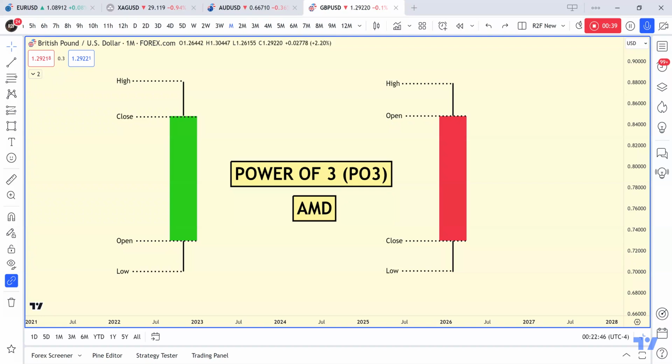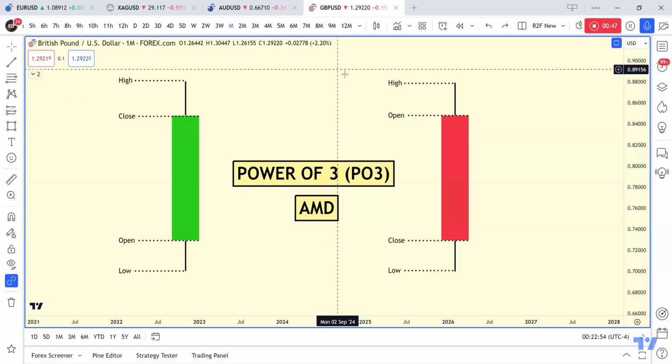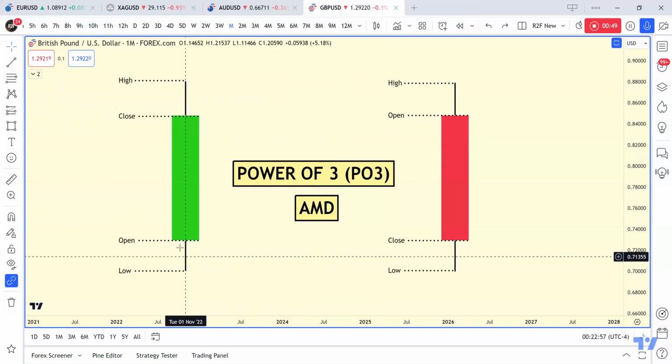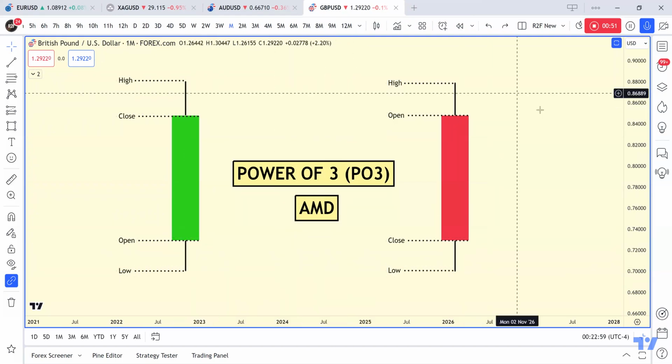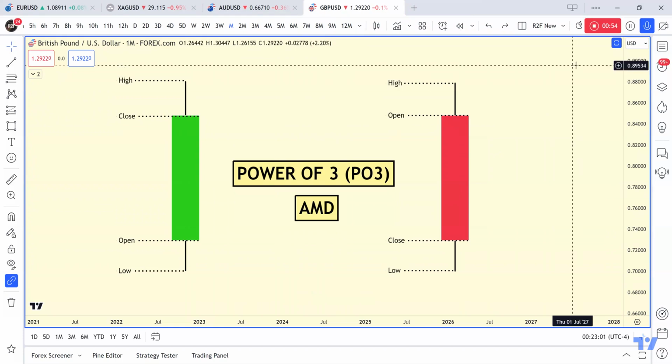But you can also see it on singular candles, right? Because price is fractal, and you can have candles on the chart going all the way to the 12 month, which I use. Okay, so the whole point of power of three accumulation, manipulation, distribution is understanding how smart money works, and what use would it be for us if we can't use it, right?